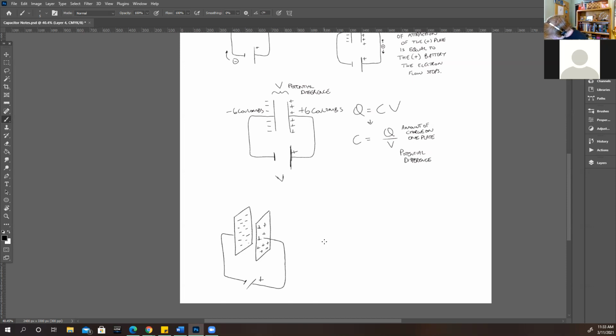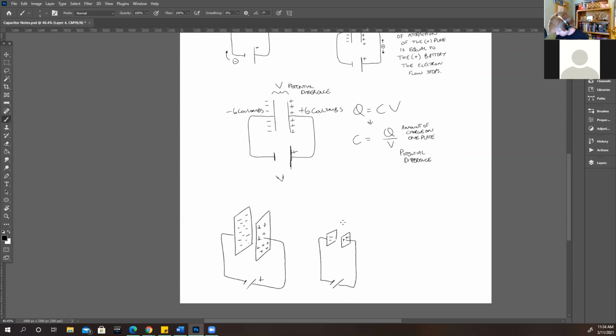And the opposite is true. If I have two very small plates, I can't fit as many charges on the plates. So let's say there's only two.